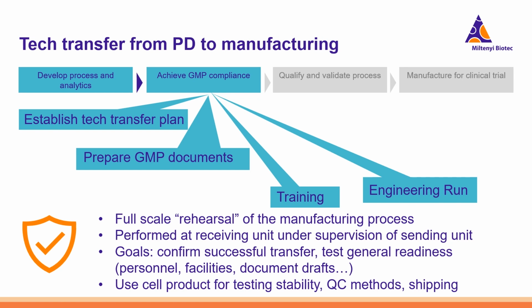So it's under the supervision of the sending unit, because the goal here is to confirm from all sides that the transfer has been successful, to test the general readiness of the people, but also the facilities, the instruments, the document drafts that are used to document the manufacturing, as well as to produce the first batches of the cell product that can then be used to test stability, both during storage, use, but also shipping, as well as to test the QC methods on.